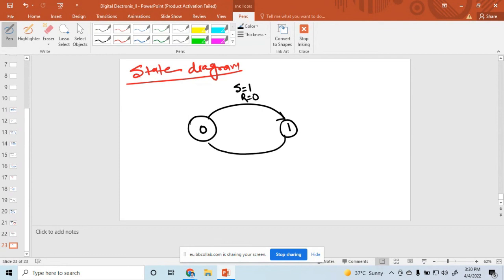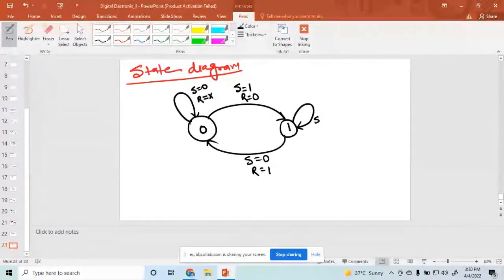And when going from 1 to 0, that means S equal to 0 and R equal to 1. And when going from 0 back to 0, in this case S is 0 and R may be 0 or 1, that is the don't care. And when going from 1 to 1, in that case S is equal to don't care and R is equal to 0. So this is the state diagram of SR flip flop. Up to this point, anyone have any doubts?